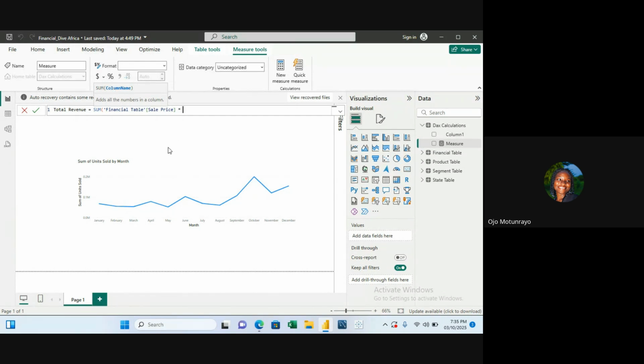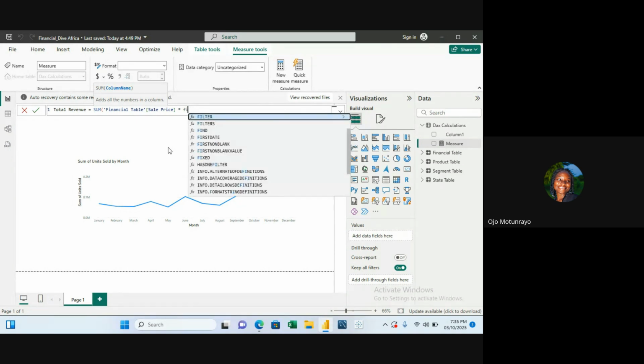It's actually supposed to bring your table name.